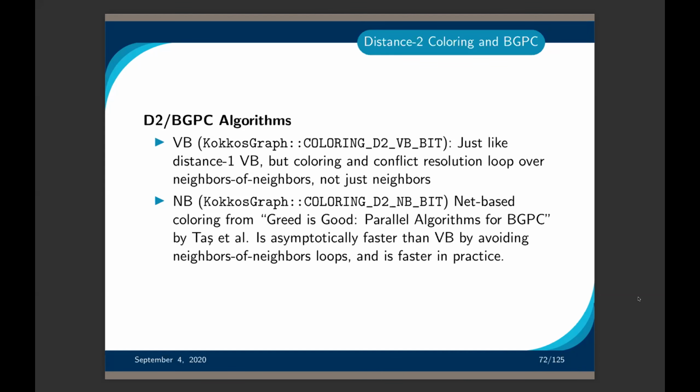On the other hand, we have net-based coloring, which is from the paper Greed is Good: Parallel Algorithms for BGPC. This is asymptotically faster than vertex-based because it only uses direct neighbor loops. So it's faster by a factor of the average degree, which is a huge speedup, and it's pretty much always faster in practice.